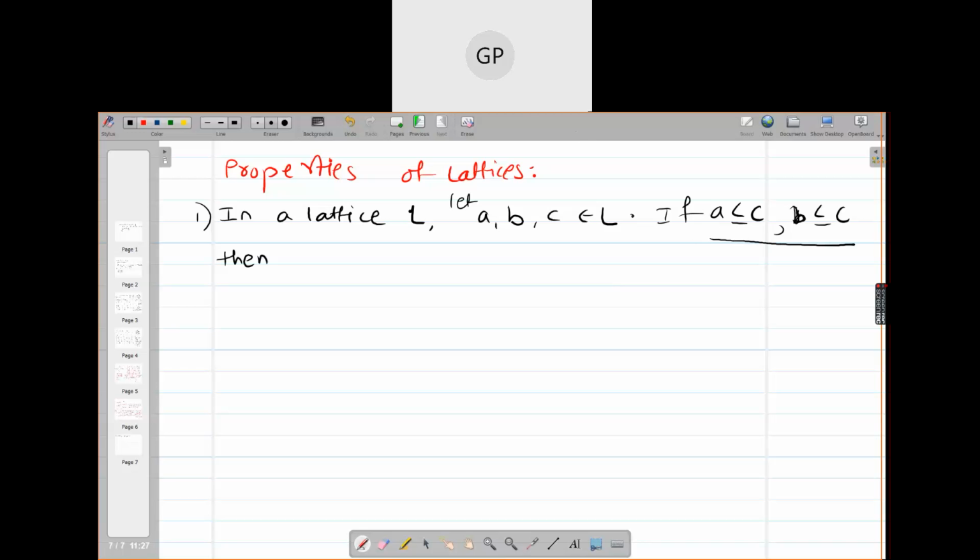If A is less equal C and B is less equal C, then what is C called? Upper bound, right? Then C is an upper bound for A, B.